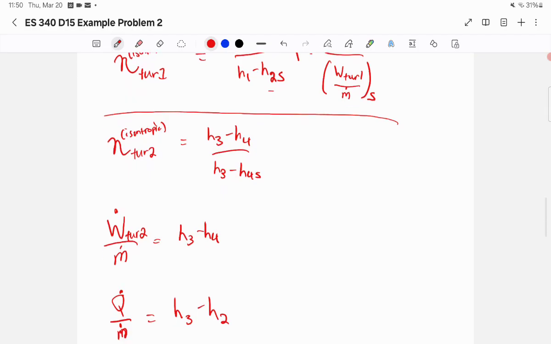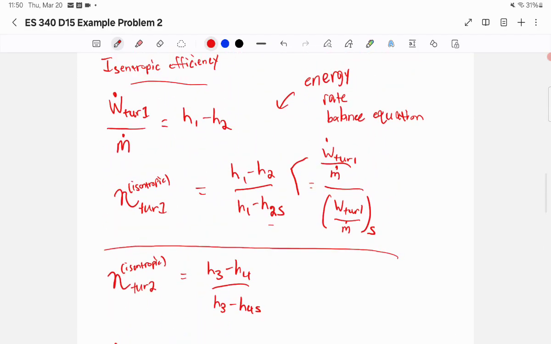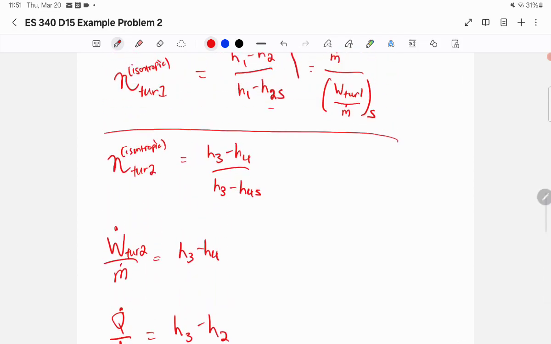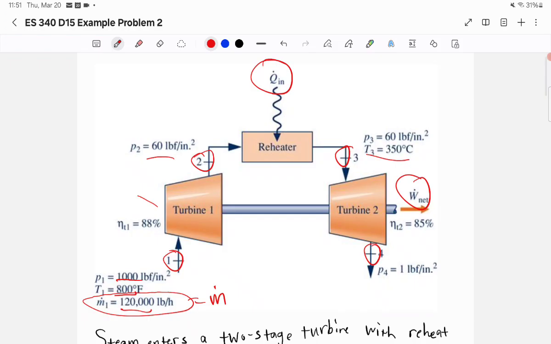If I wanted to find all of the H values, I can go to the states and figure those out, which I'll do in a second. But the other thing is that I can actually solve for some of them directly. So let's look at what ones we have enough information for.